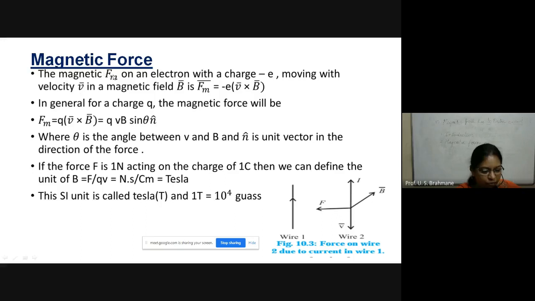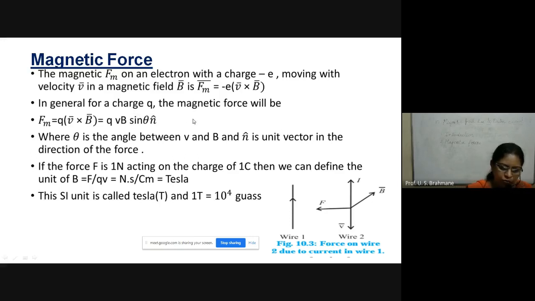The magnetic force Fm on an electron with a charge minus e moving with velocity v in a magnetic field B vector is Fm vector equal to minus e, then in the bracket, v cross B, which is a cross product of v and B. In general, instead of the electron charge minus e, we take a charge q.